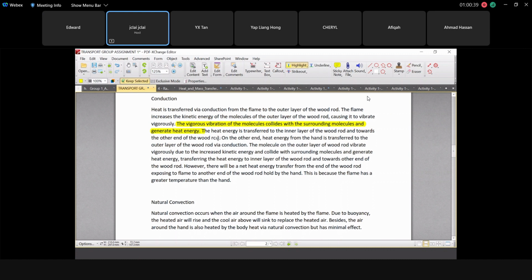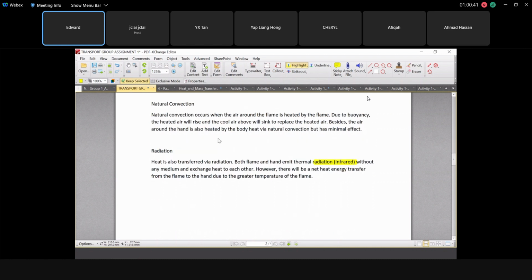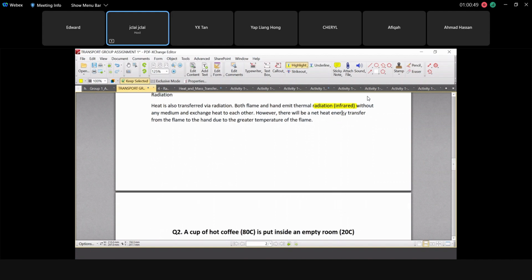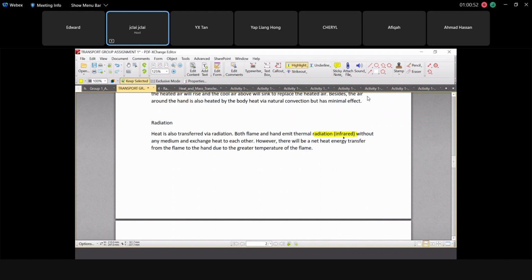Okay, Doctor. Then another comment that I have is, in your radiation section, you say both flame and hand emit thermal radiation, and in brackets you put infrared. This is not really accurate, but of course you haven't gone through the explanation.